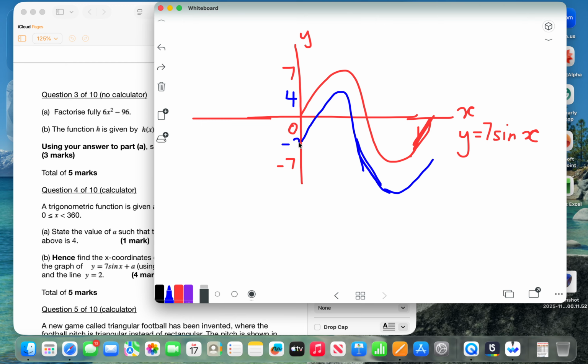It intersects the y-axis at -3, and the minimum is -7 minus 3, which is -10. And this is the graph of y equals 7 sine x minus 3.